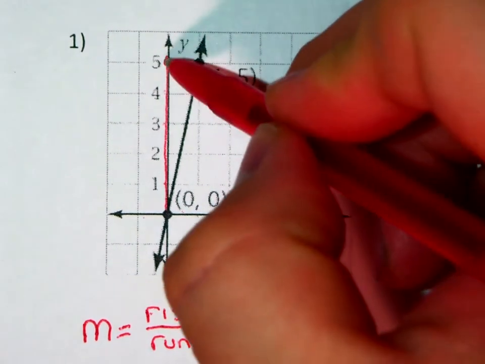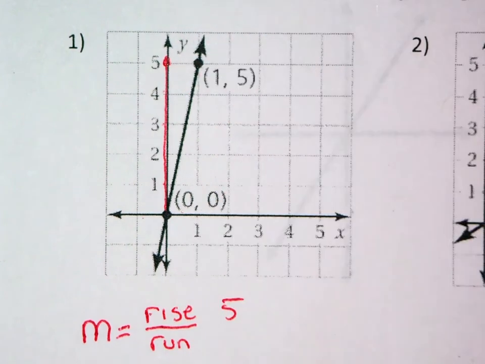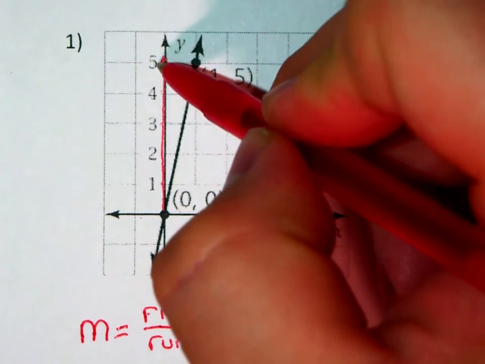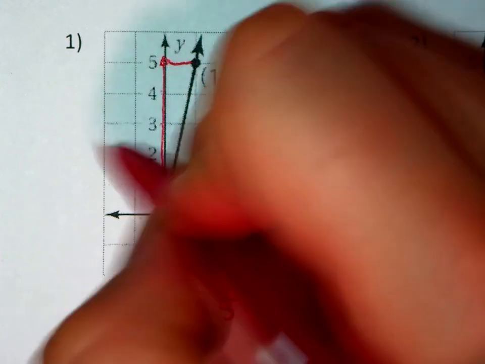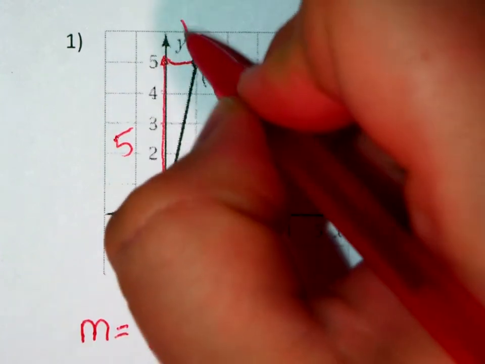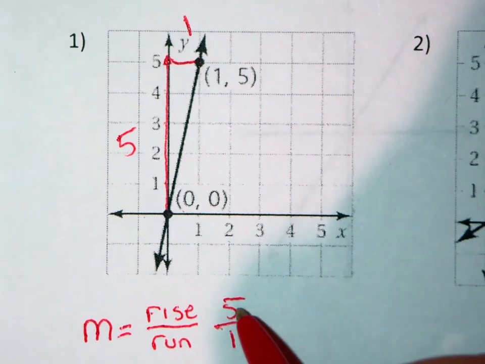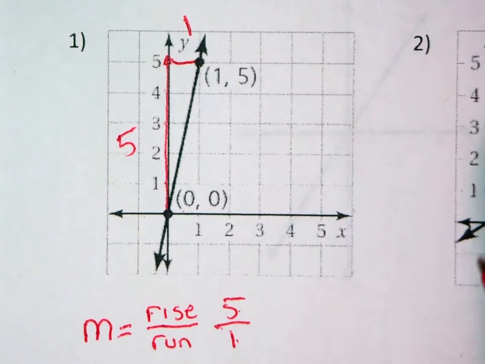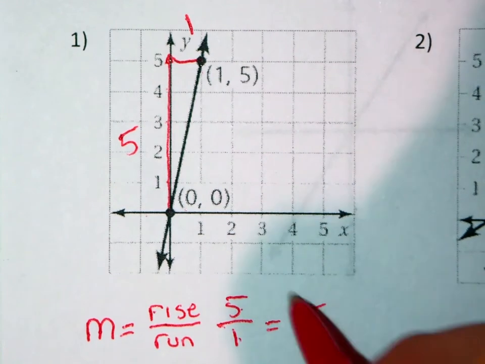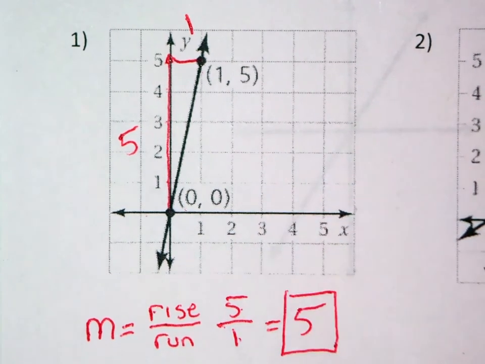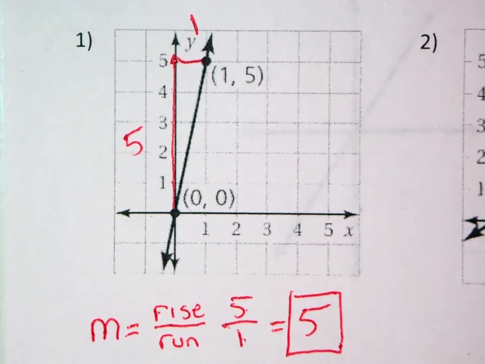Now from this point, we figure how many units do I have to move to get over to my point on the line? And that would be 1. So we went up 5, we went over 1. So my rise over run is 5 over 1. That fraction can be simplified to 5. So in this particular problem, my slope, m, equals 5.